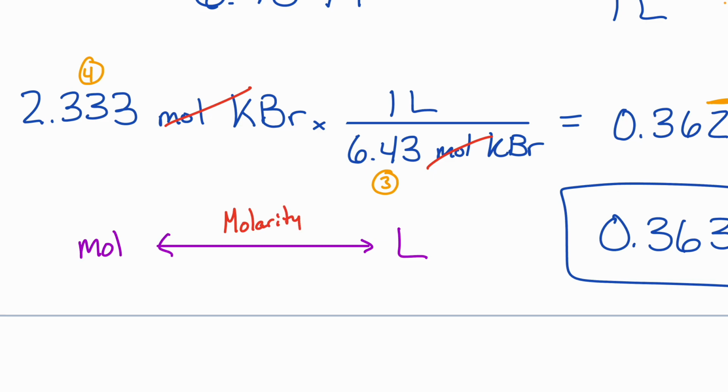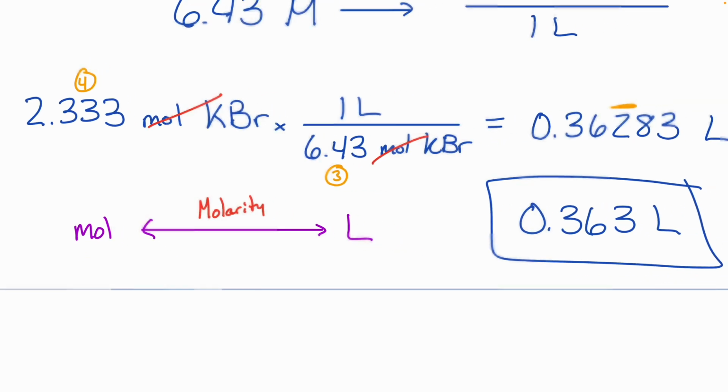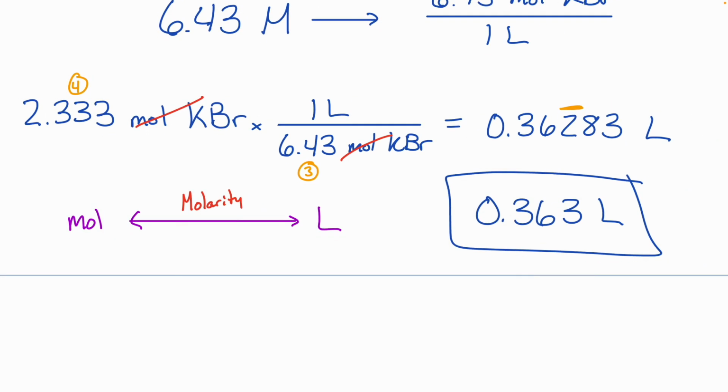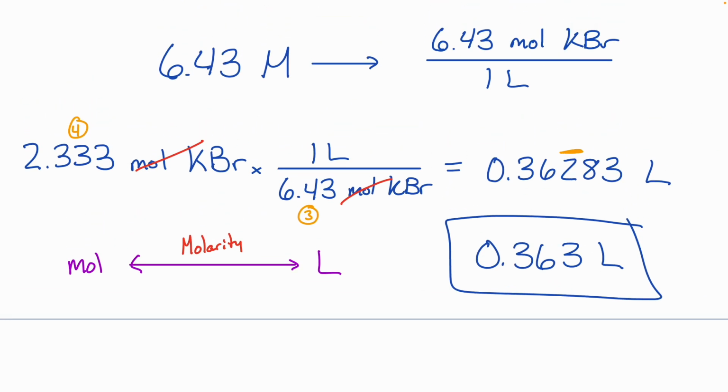We converted from liters to moles. That's what our concentration is going to allow us to do, to convert from that unit that we need to talk about chemical reactions, moles, from a unit that's very convenient to measure in the lab, volume. All right, so that's what solutions are going to be used for, and you can maybe see where this is going in terms of plugging it into our understanding of chemical reactions.